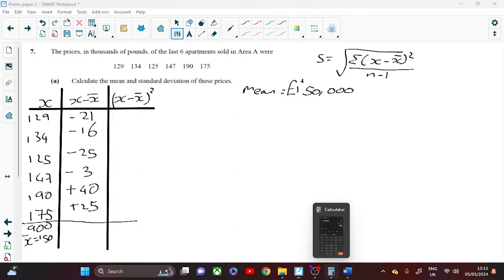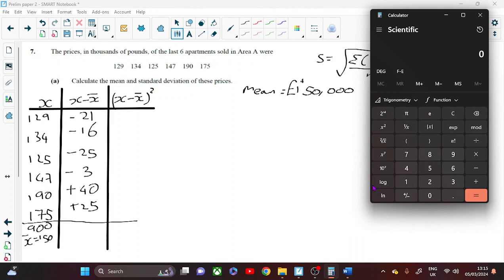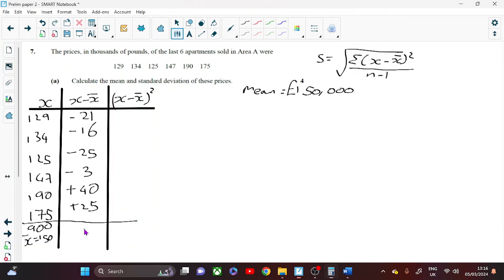I need a calculator for this, my brain shut down. So let's just do it. So I've got 40 plus 25 is 65, and I'm taking away 21 and 16 and 25 and 3. And we get 0, which is what we needed. Now we know we're safe to continue.